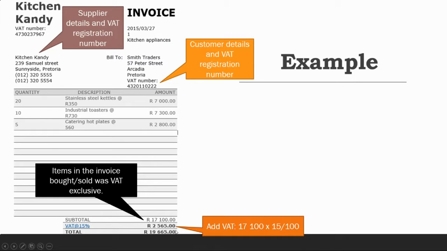Then we add the VAT: 17,100 multiplied by 15 over 100 gives us 2,565 Rand. And then to get to the VAT inclusive amount, which is the final amount, you take 17,100 plus the 2,565 Rand, which gives you 19,665. Okay. So in the question, they will either give you the VAT exclusive amount or the VAT inclusive amount based on this document.